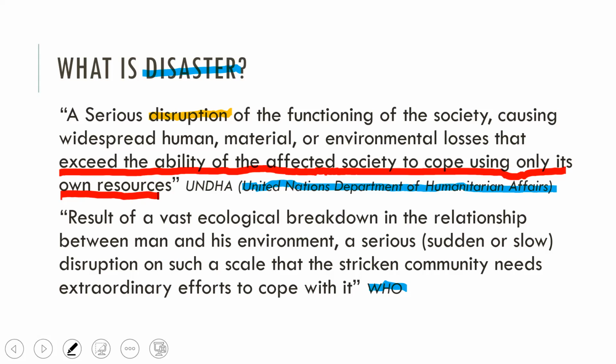When this disruption occurs, life will go as normal. They will not face human, material, or environmental resource losses in the first place. The functioning society will continue functioning as normal.